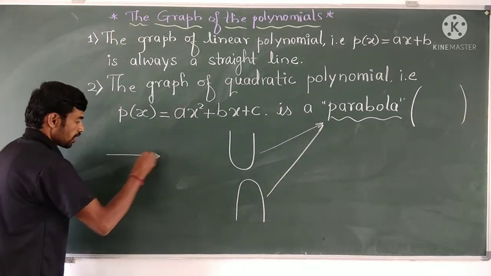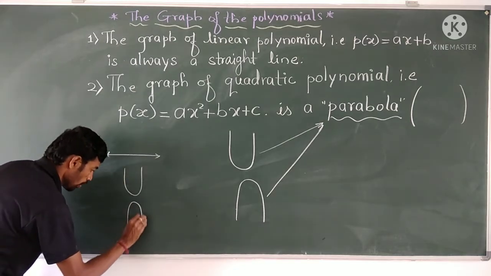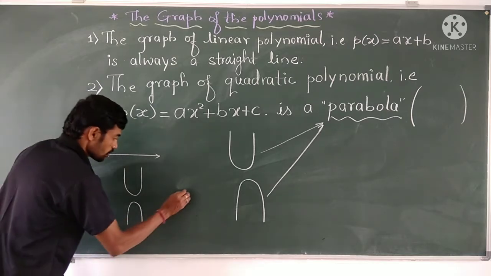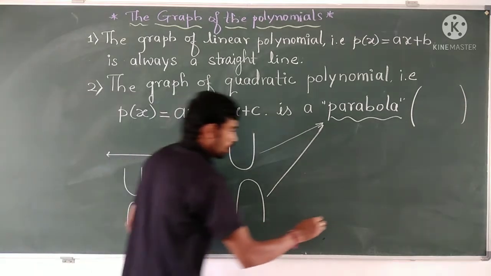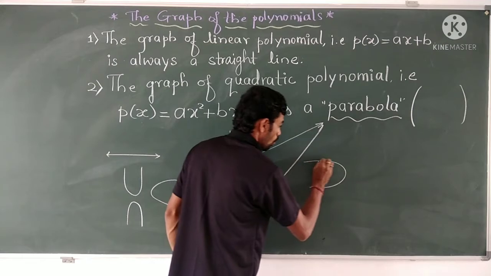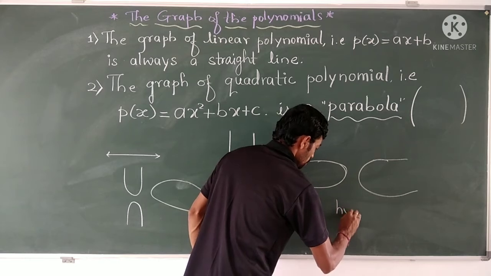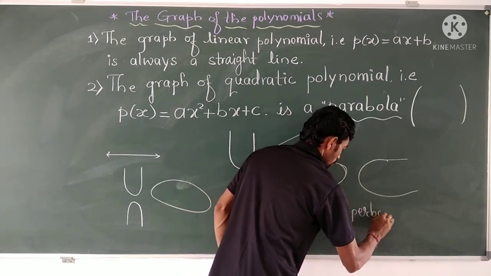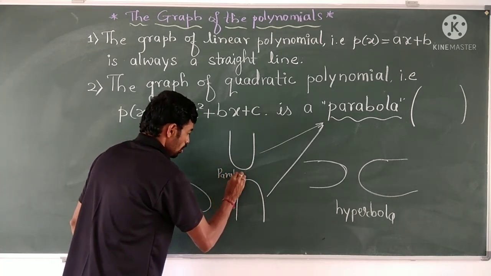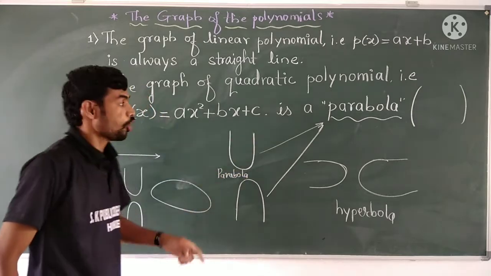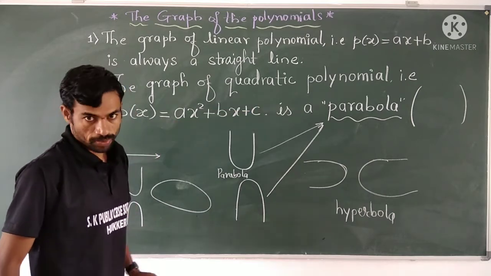So this is the line graph. Here this is the open up parabola, and the open downward parabola. Here, what type of diagram is this? Ellipse, that is an ellipse. And we have also seen the hyperbola, open left, open right. This is a hyperbola. These two are parabolas. We obtain graphs like this when we construct them for quadratic polynomials.